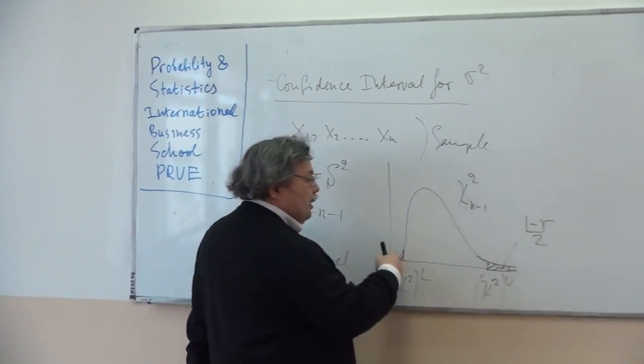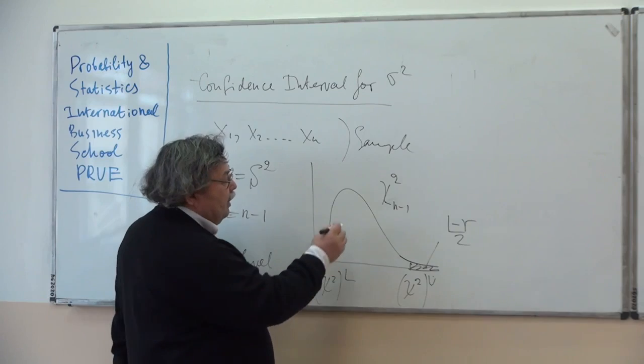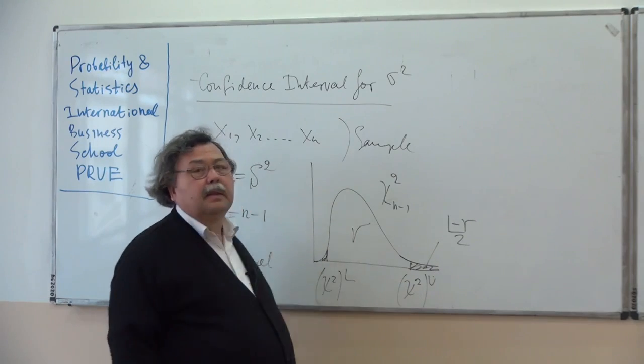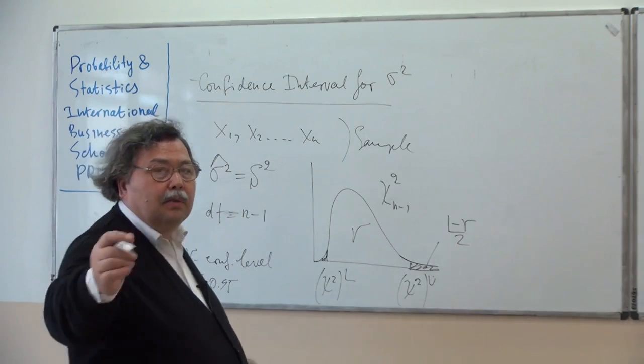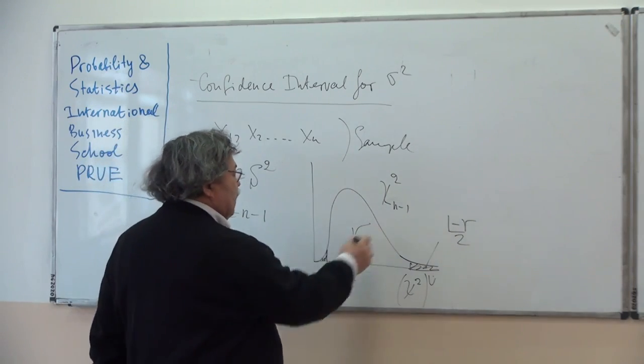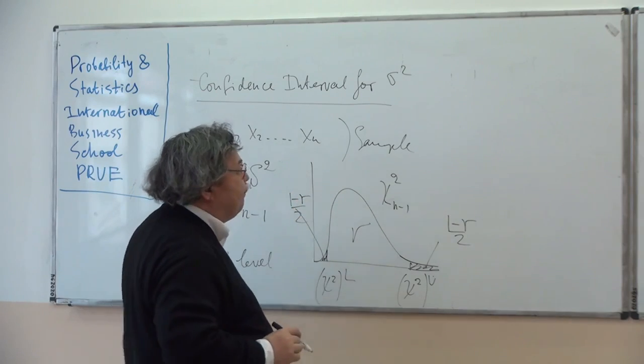So these two tails in total contain 1 minus gamma. So this is gamma, okay? And we place them in such a way as to cut off these equal probabilities, (1 minus gamma) over 2 here and (1 minus gamma) over 2 here.